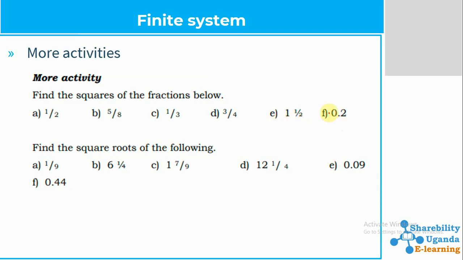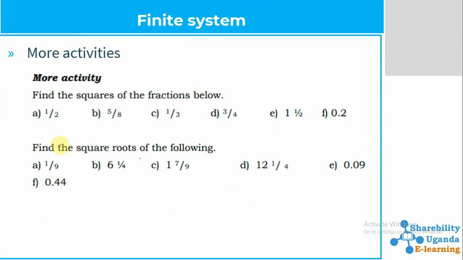Then we also have decimals within here. So this simply means we shall see how we find the square of a fraction, or the square root of a fraction, or the square root of a decimal. So let's get started and see how we are going to solve these problems.